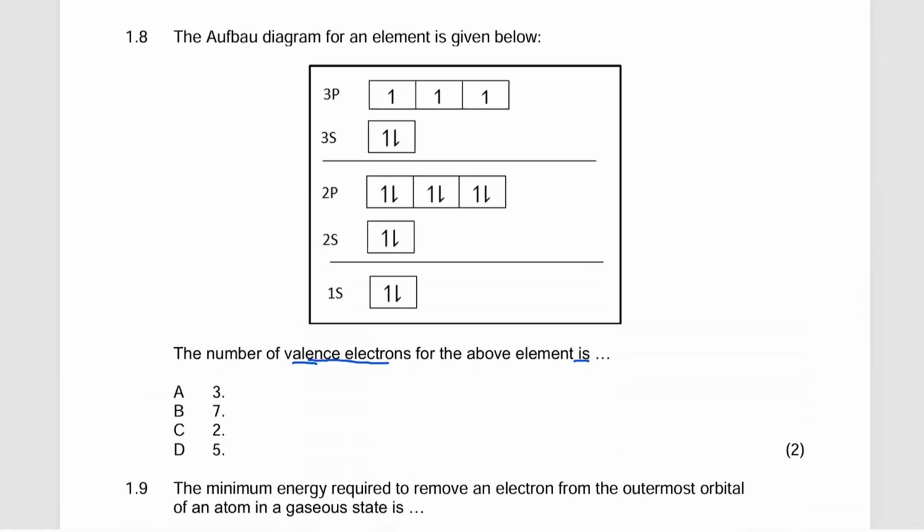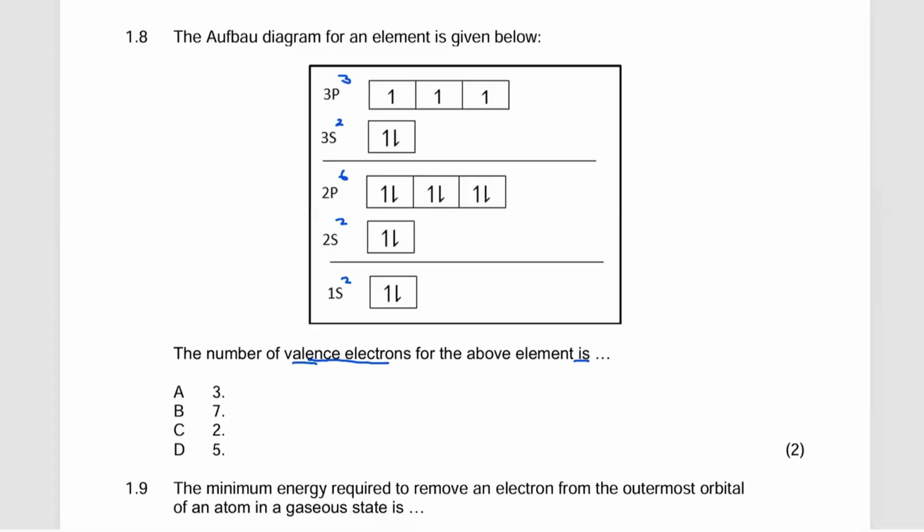If we count here, we have 1s2, 2s2, 2p6, 3s2, then 3p3. If we add the electrons, it is 3 plus 2 which is 5, plus 6 which is 11, 12, 13, 14, 15. So we have a total of 15 electrons.